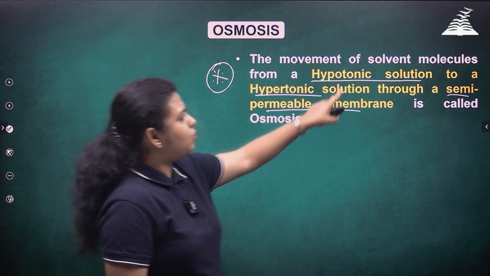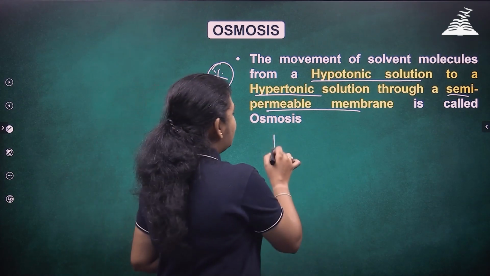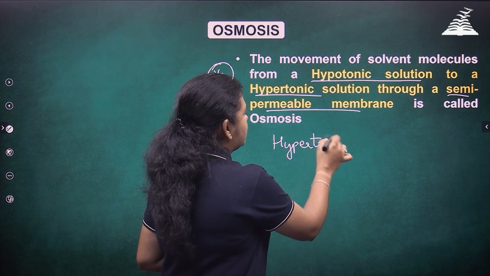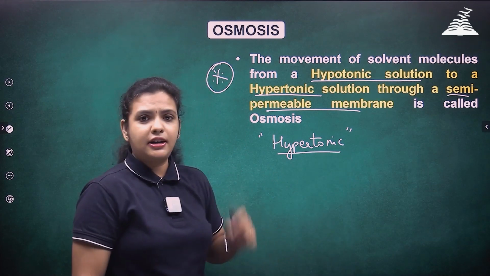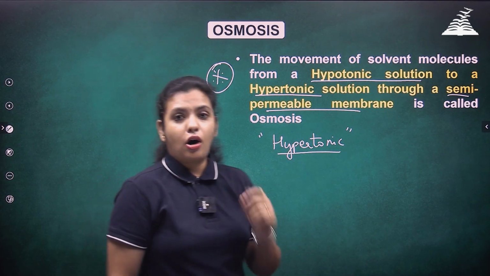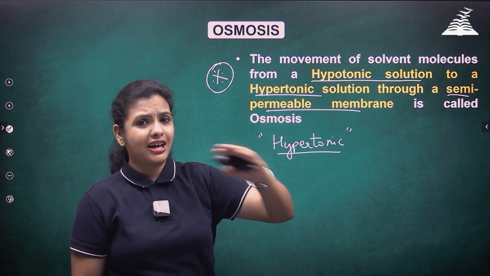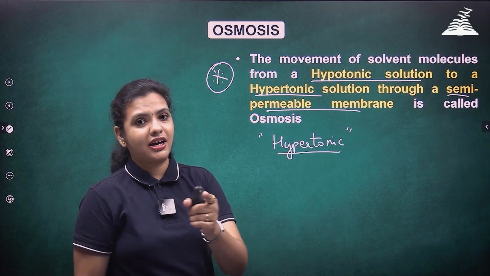Now, let us understand what is this hypotonic and hypertonic solution. First, let me take up the hypertonic solution. What do you think is hypertonic solution, students? Tell me, what is hypertonic? All of you would have thought hypertonic solution is the one which has higher concentration. You are right. But which concentration is high here?